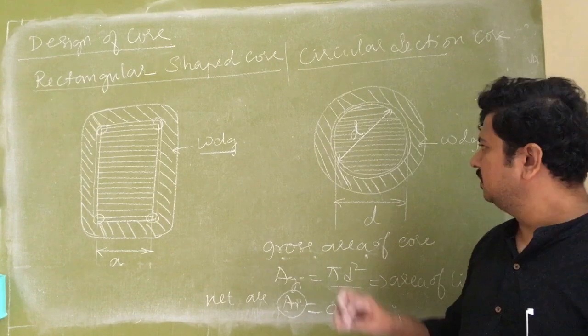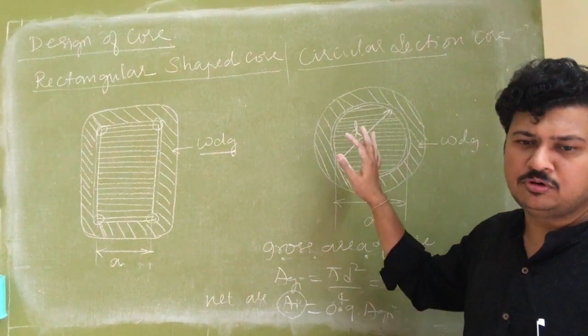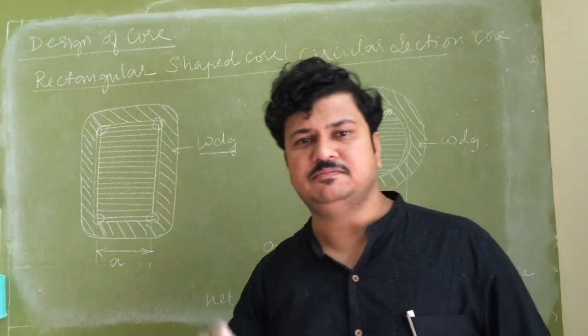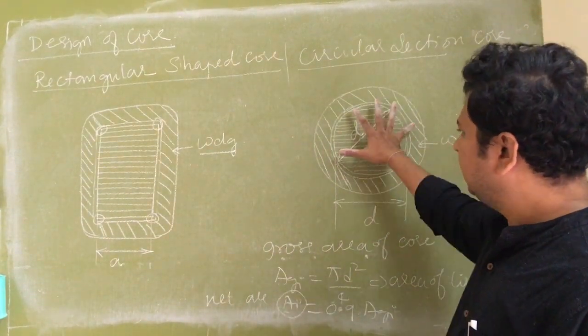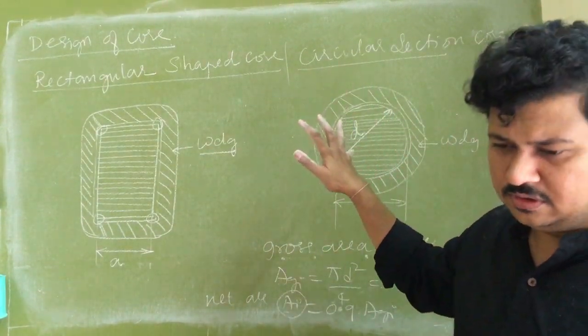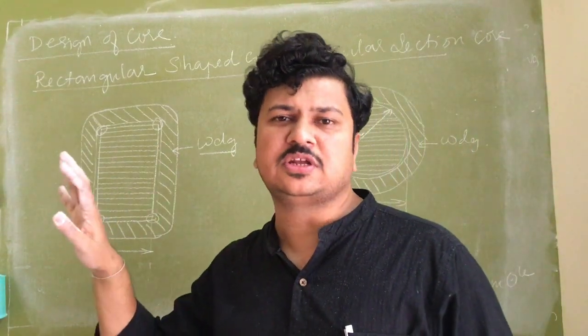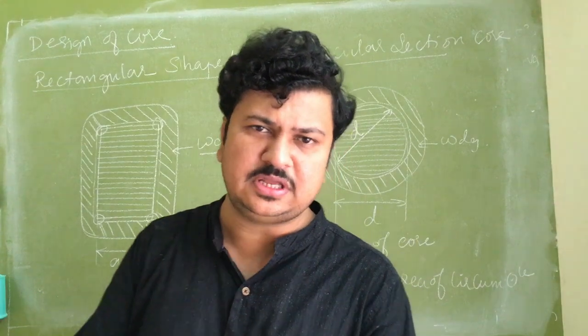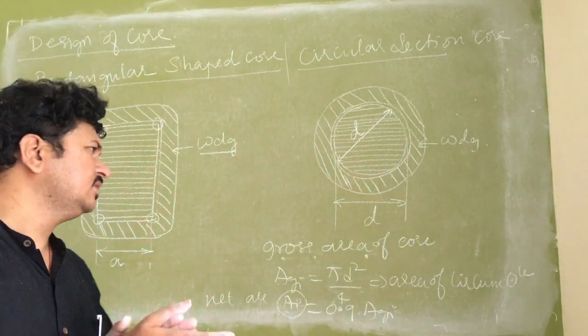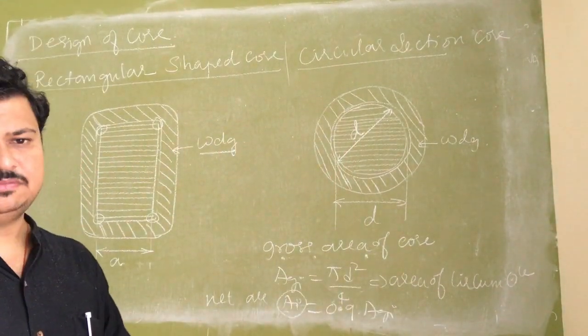So it is extremely difficult. Even if I want to do this, it will be costly. The cost of the core increases. Therefore, practically it is difficult for me to use this for large transformers. For medium transformers, I can still think of using the circular section core, but for large transformers, it is difficult.